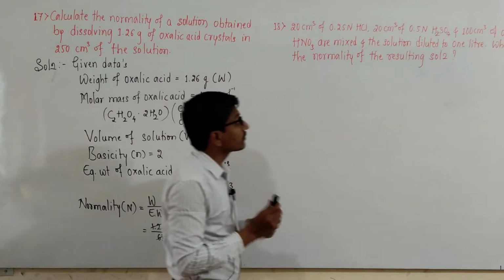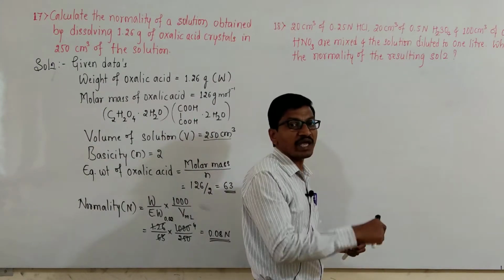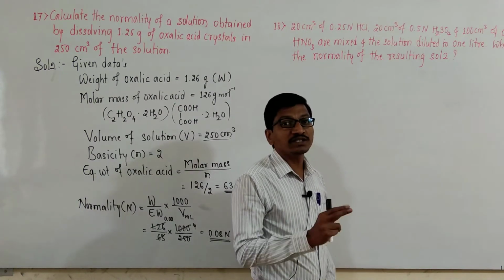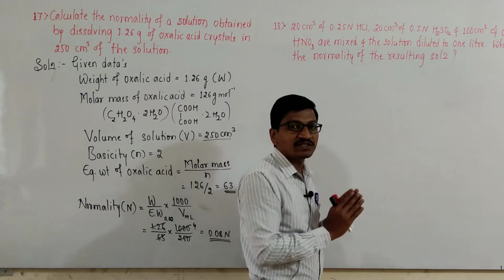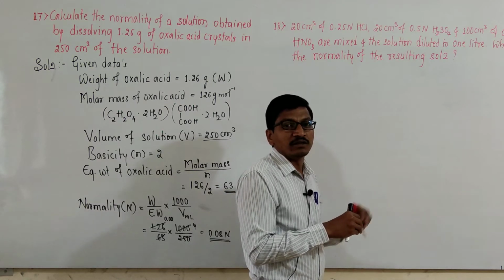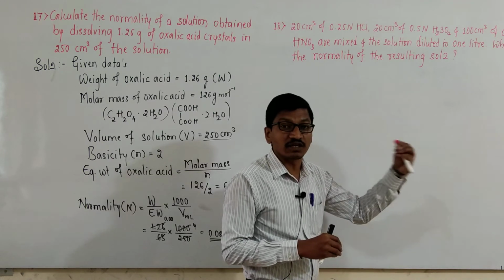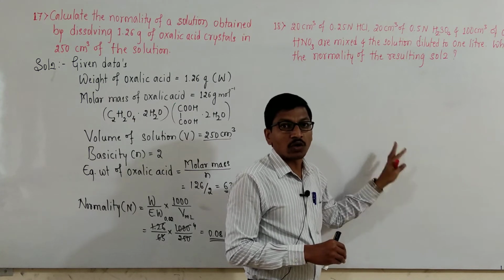Here three acids HCl, H2SO4 and HNO3 are mixed and then diluted to 1 liter. What is the normality of the resulting solution? All these three are acids, and after mixing, the H plus ions in the solution determine the strength of the acidic solution or normality.